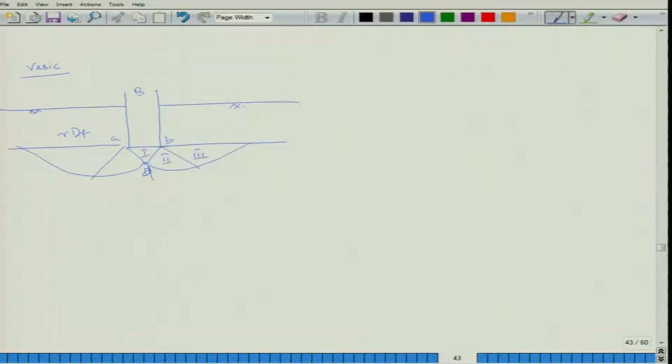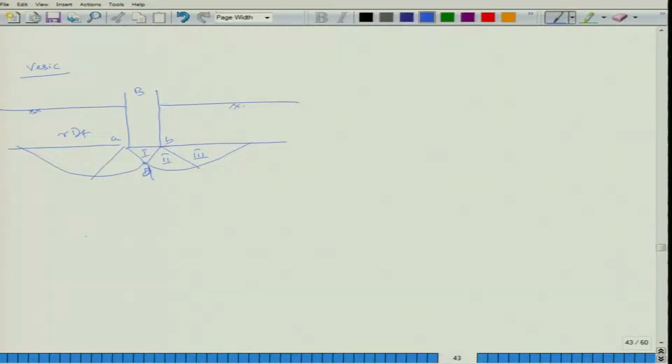So, Terzaghi's bearing capacity assumes zone 1, zone 2 and zone 3. Zone 1 is the elastic zone, zone 2 is the radial shear zone, zone 3 is the Rankine's passive zone, and this will be 45 degrees minus phi by 2.